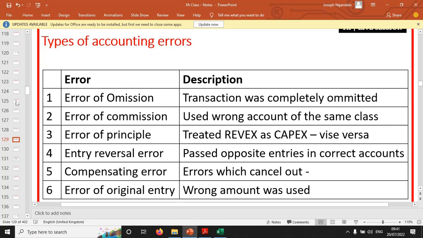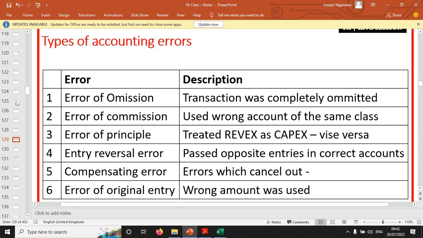Yes. Next, entry reversal error. Here you swapped the entries. Instead of debiting the correct account, you credited it, and you did the other thing in the other account. You passed opposite entries in the correct accounts. Let's think about something.